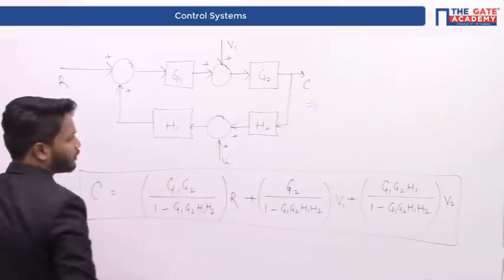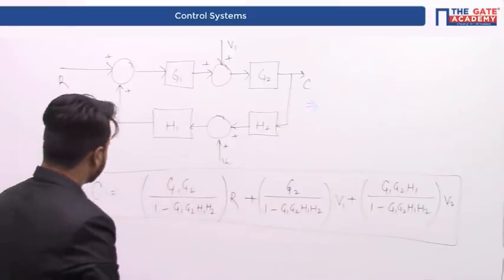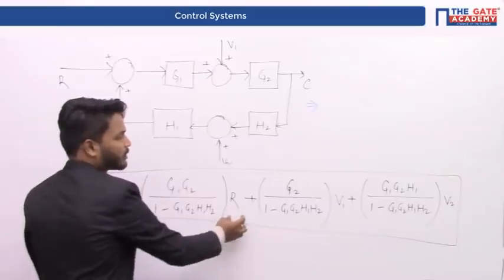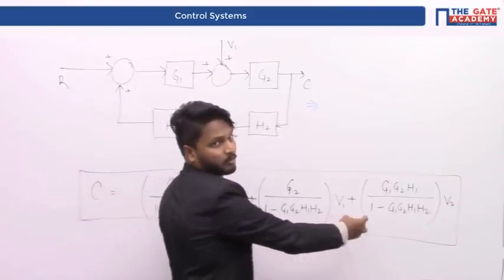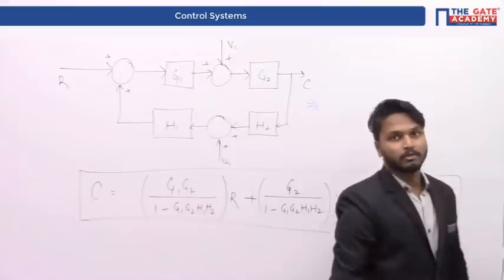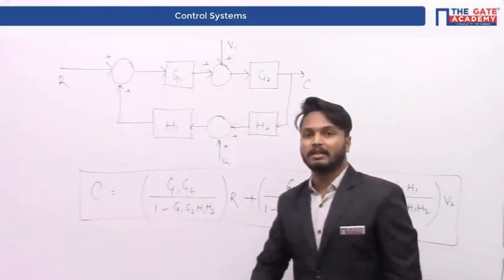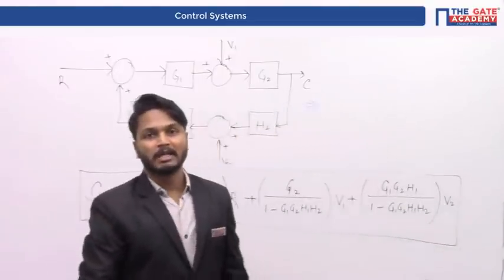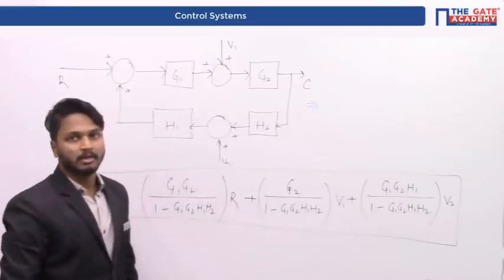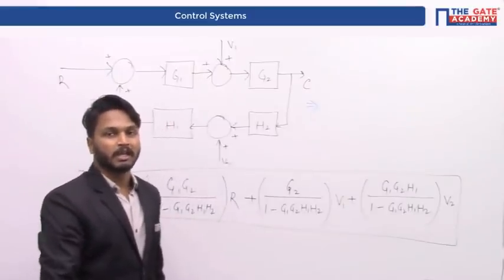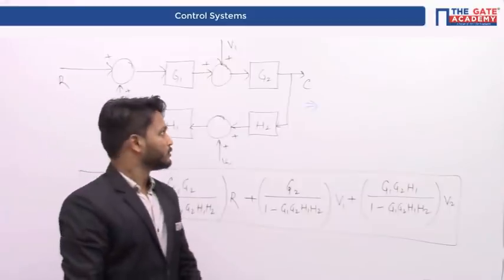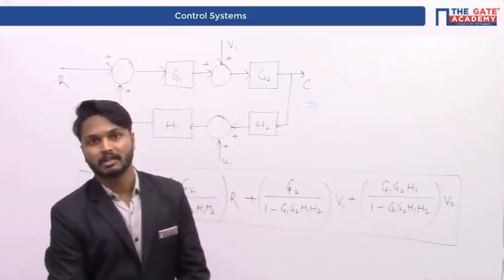Therefore, the overall output of the system is going to be C is equal to output because of R plus output because of V1 plus output because of V2. This is how we calculate the entire output when there are multiple inputs in the system. Just by using superposition, we'll calculate the entire output. So this is how we calculated using reduction techniques.